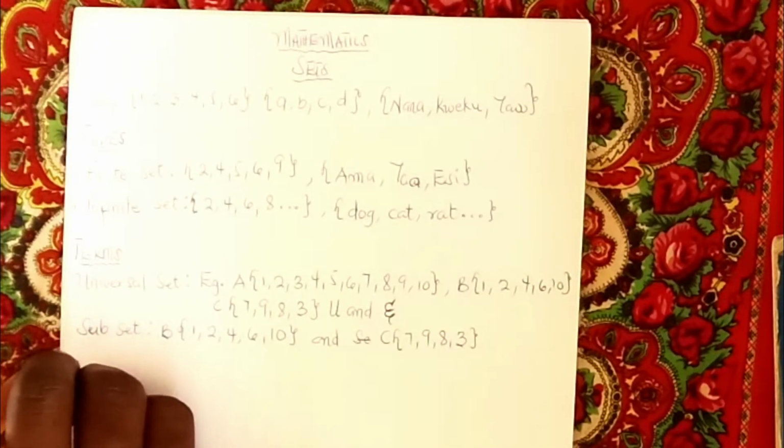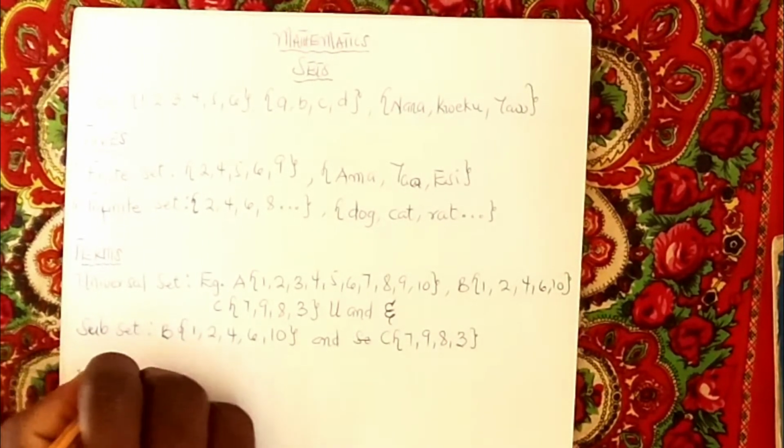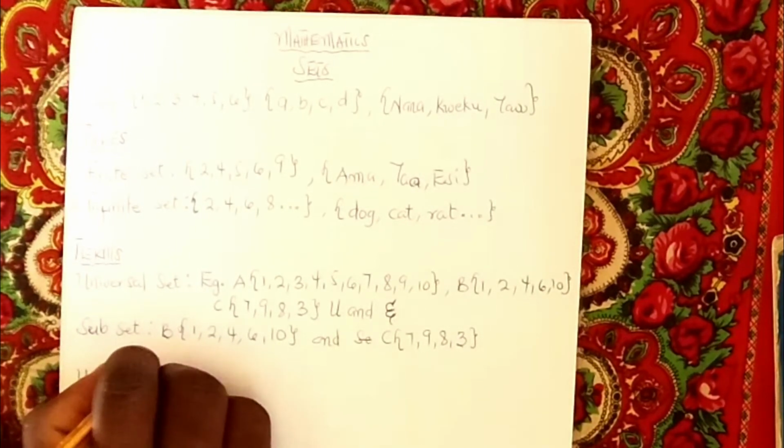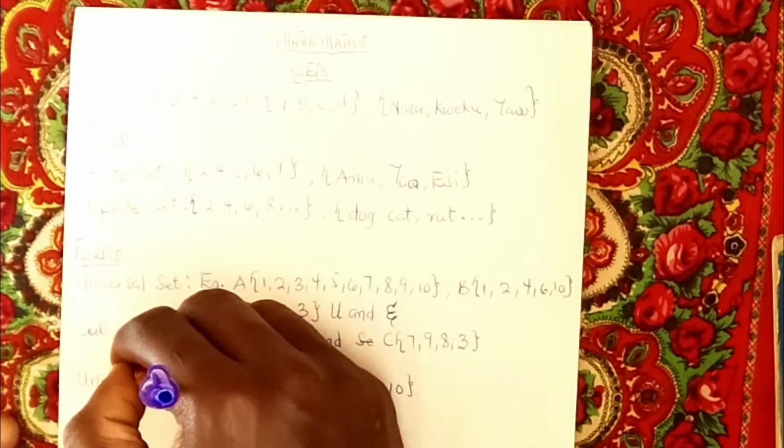The next is the union, with symbol this. It looks like the symbol U without a bar under it. Therefore, the union brings two sets together.